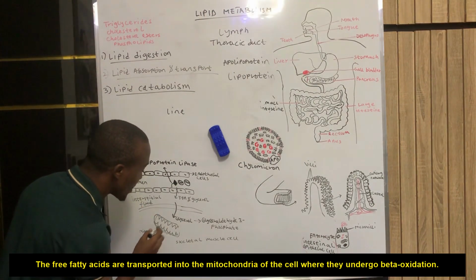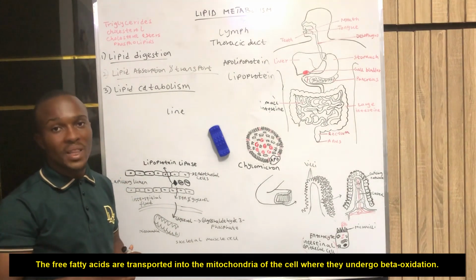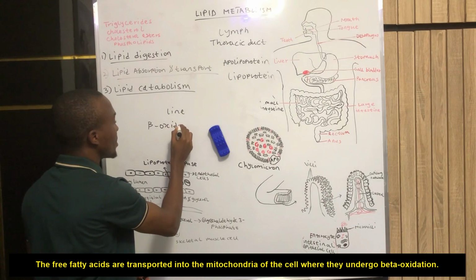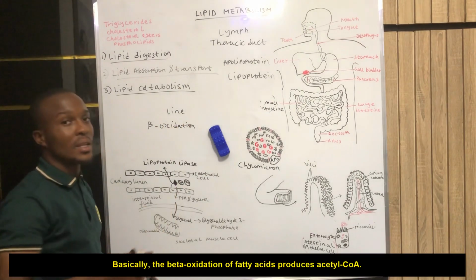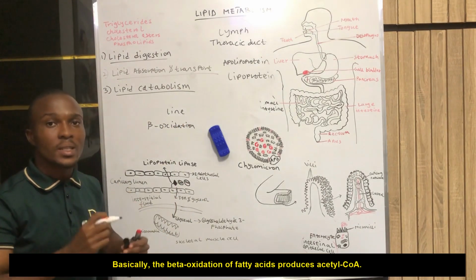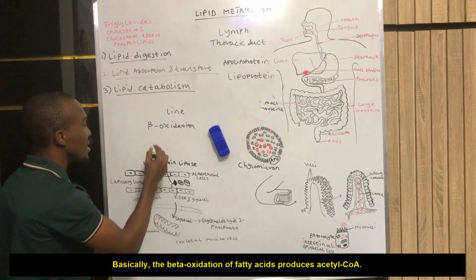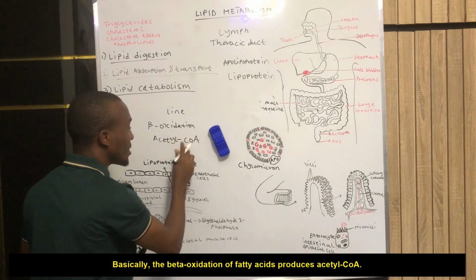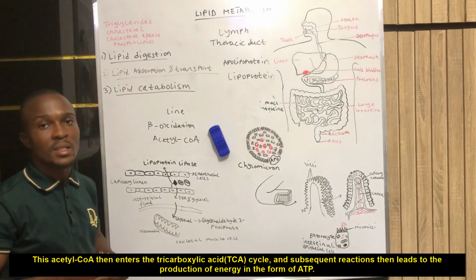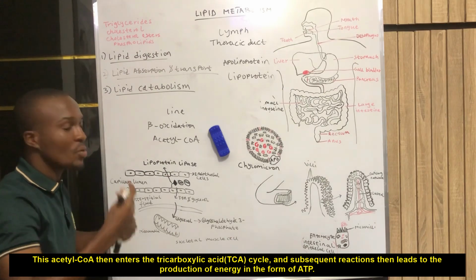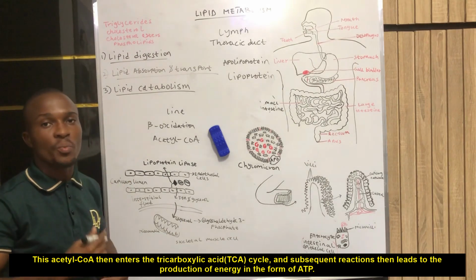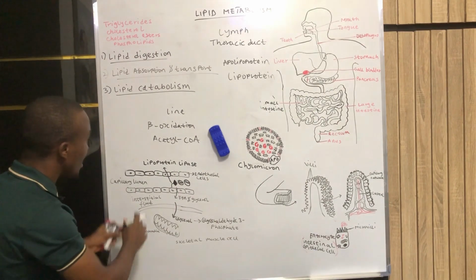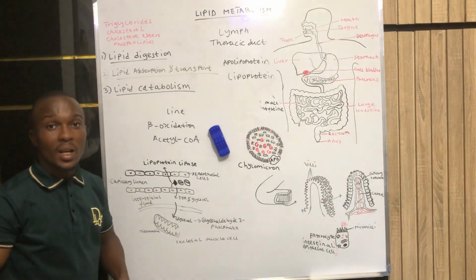In the mitochondria, the free fatty acid undergoes beta oxidation, which produces acetyl-CoA. This acetyl-CoA then enters the TCA cycle, and subsequent reactions lead to the production of energy in the form of ATP. So this is about lipid catabolism.